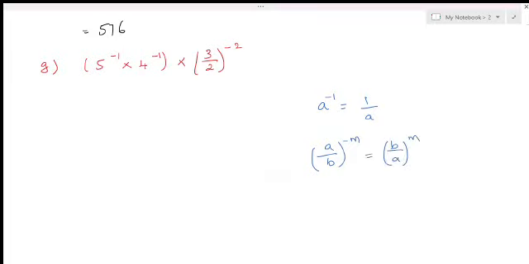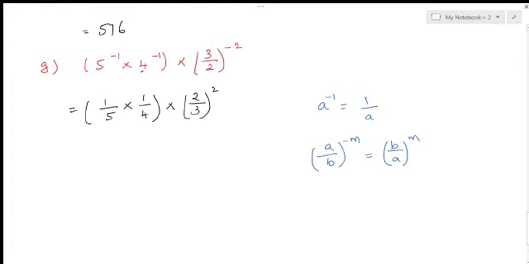So here our first term is 5 power minus 1, so it is 1 by 5, into 4 power minus 1 is 1 by 4, into 3 by 2 whole power minus 2, which is nothing but 2 by 3 the whole square.